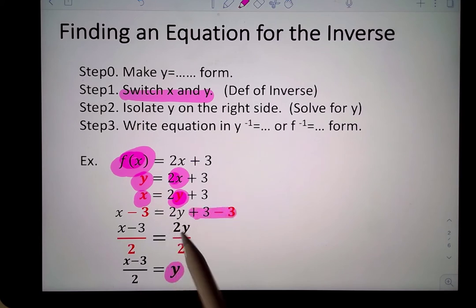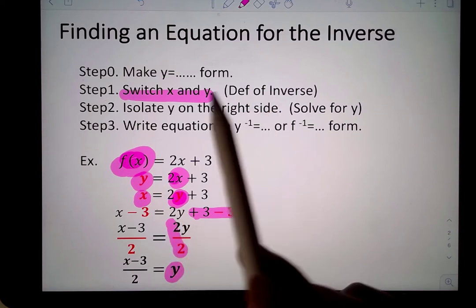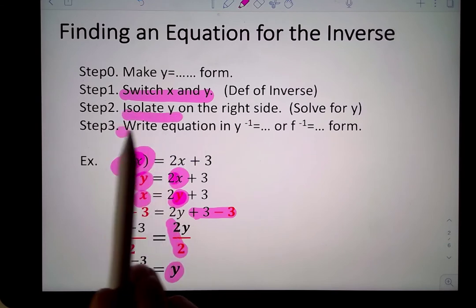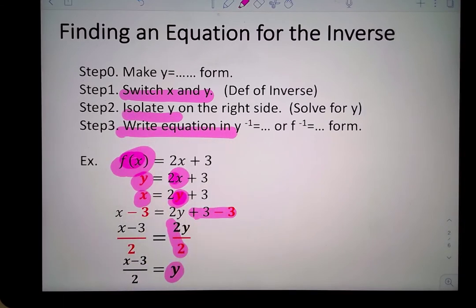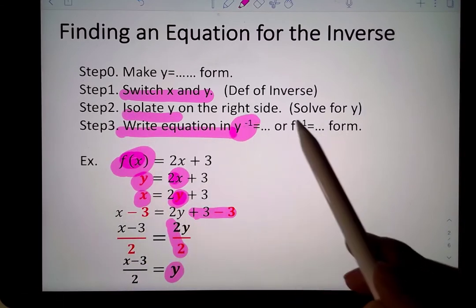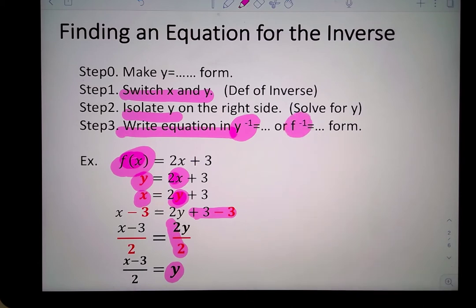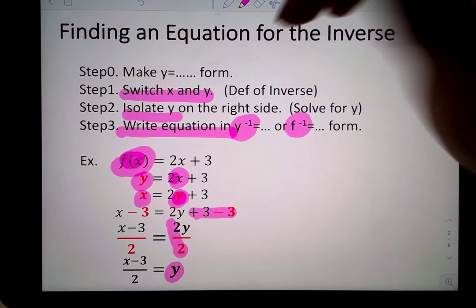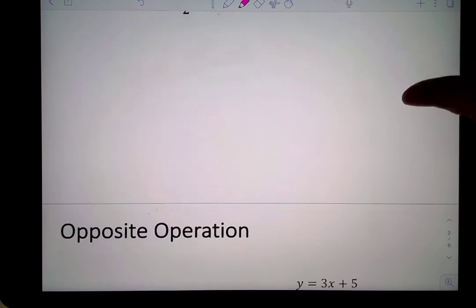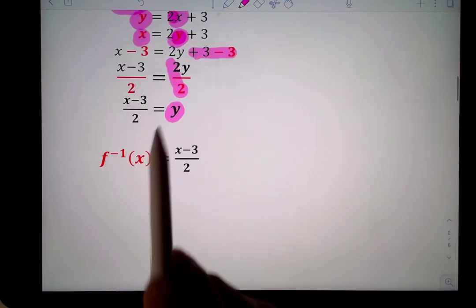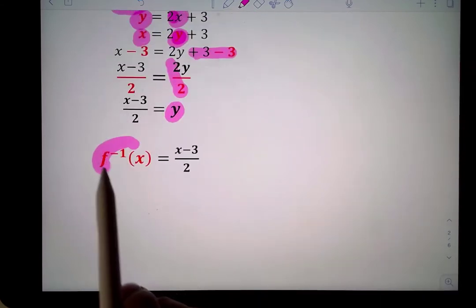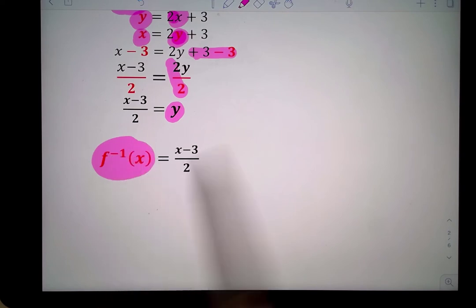Then now you have 2, so you need to cancel this 2, so that you get only y at the end. Alright? So isolate y and then write the equation for this, y inverse or f inverse. Alright? So I'm gonna show you an example, guys. So like this. At the end, you just rewrite it. f inverse of x is this.